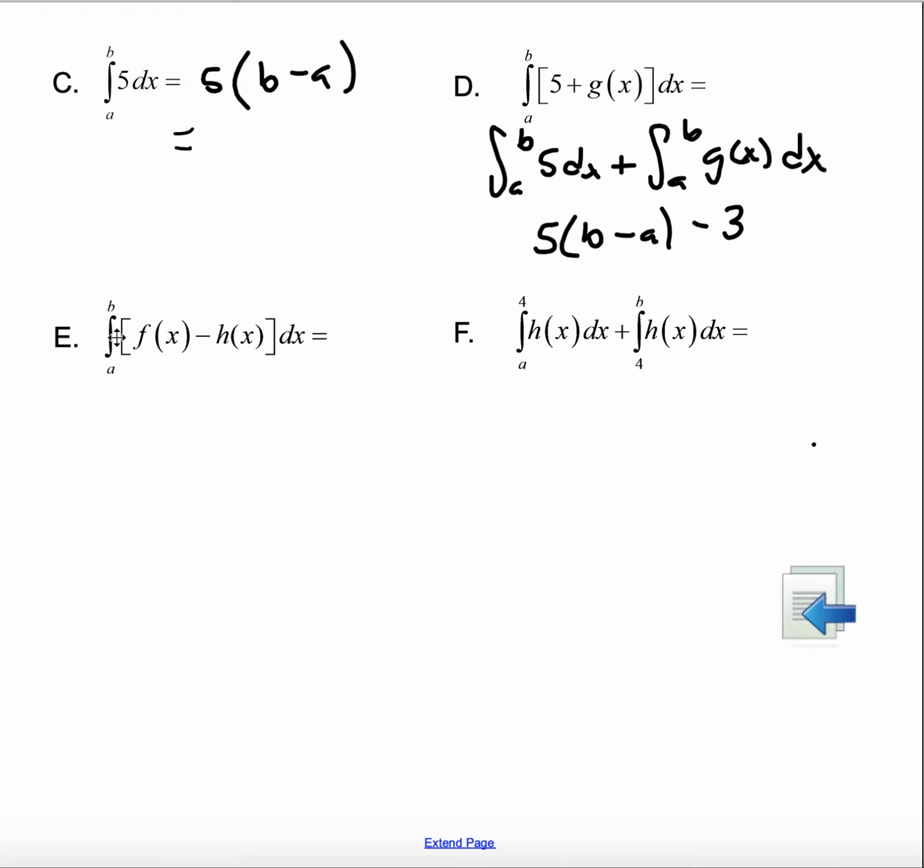For problem E, we see another property where you're taking the integral of two functions. I'm not sure, did I say the derivative over here? Well, if I did, I meant the integral. So for the integral of f of x minus h of x, we could split this up into the individual integrals for each function.